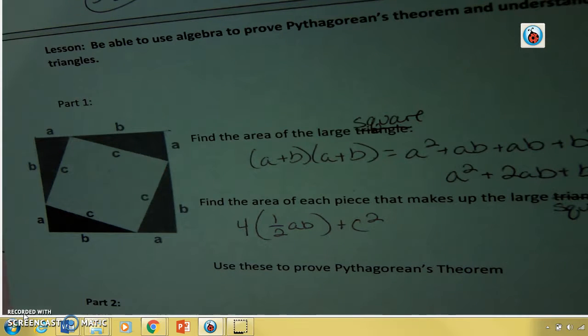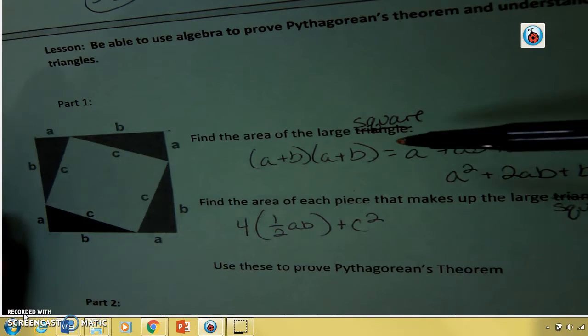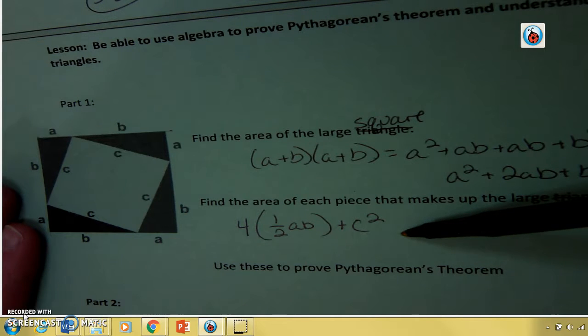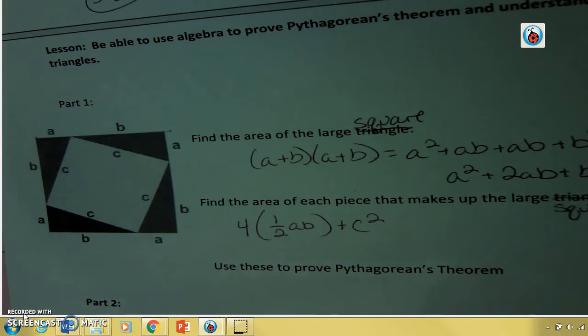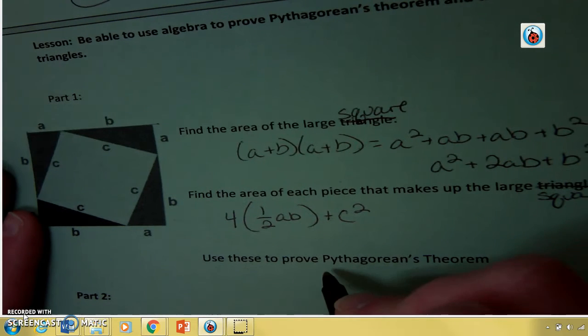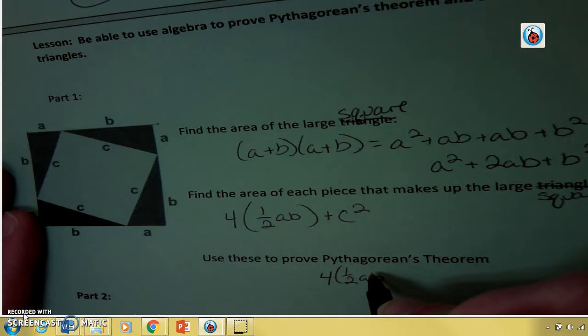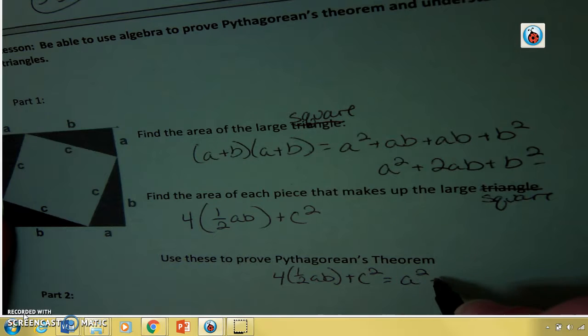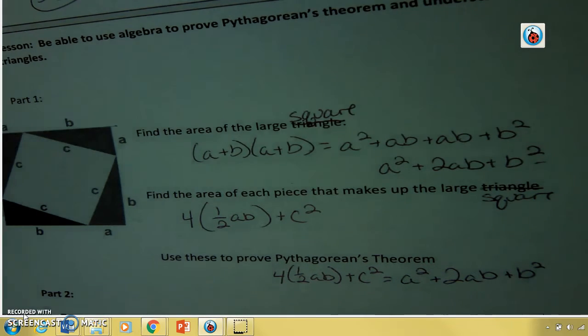Now, how can we use this to prove Pythagorean's theorem? Well, if you think back, this finds the area of the entire thing, as does this. So because they both find the same thing, I can set them equal to each other. So I'm going to say 4 times 1/2 ab plus c squared equals, and we simplified it down to this, a squared plus 2ab plus b squared.